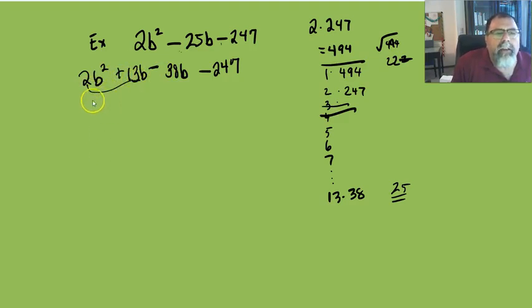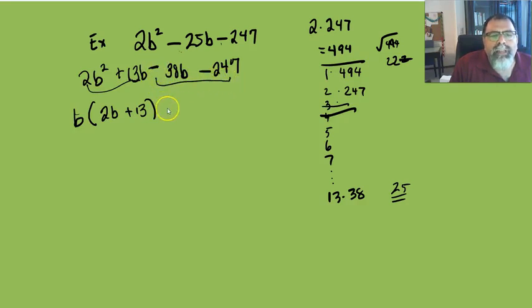Now I'm going to factor out of this one just a b, so 2b plus 13. And then rule of thumb, if the first term in the second group's negative, you're going to factor out a negative, and we should get this exact thing.